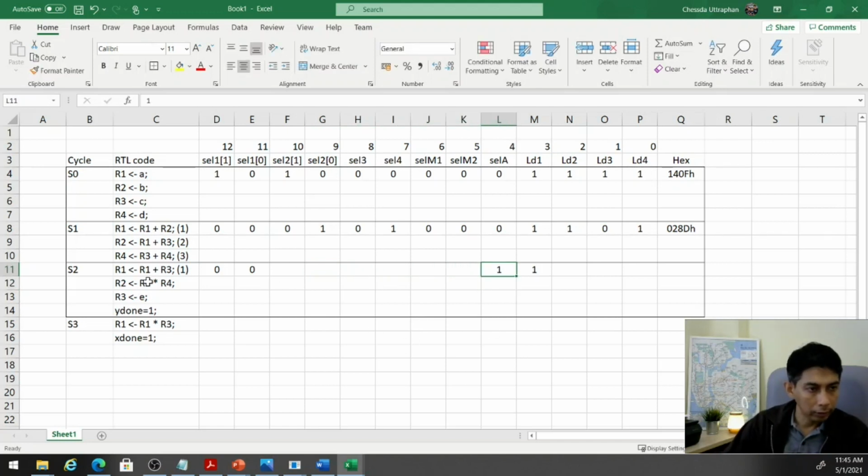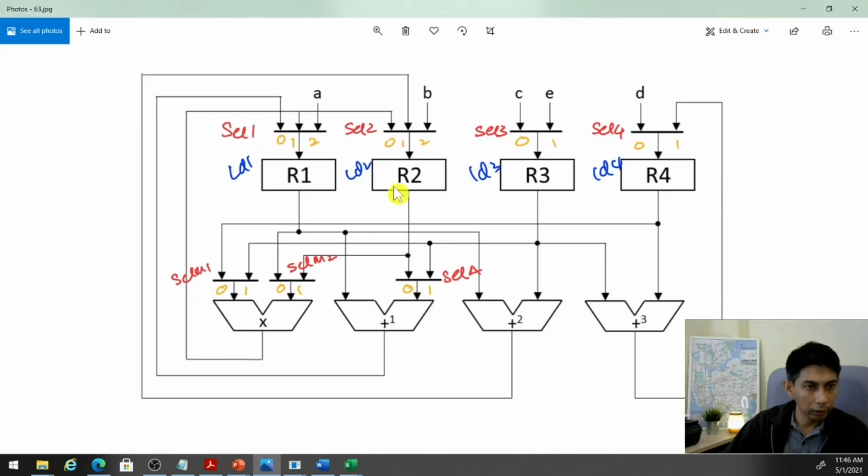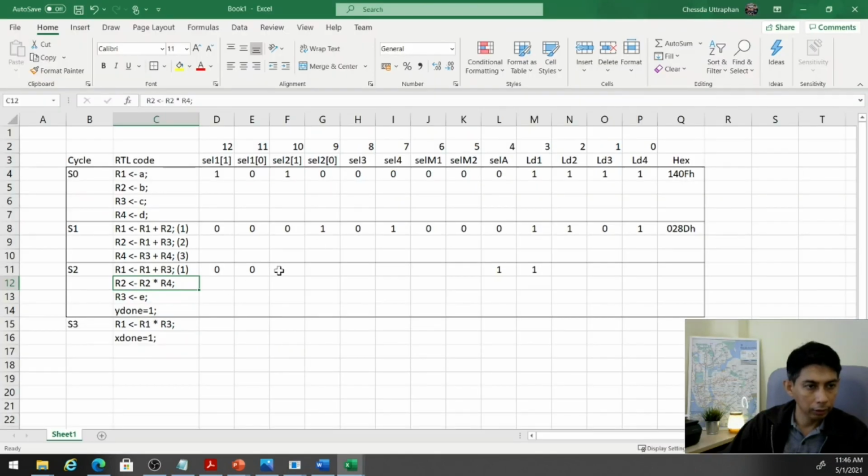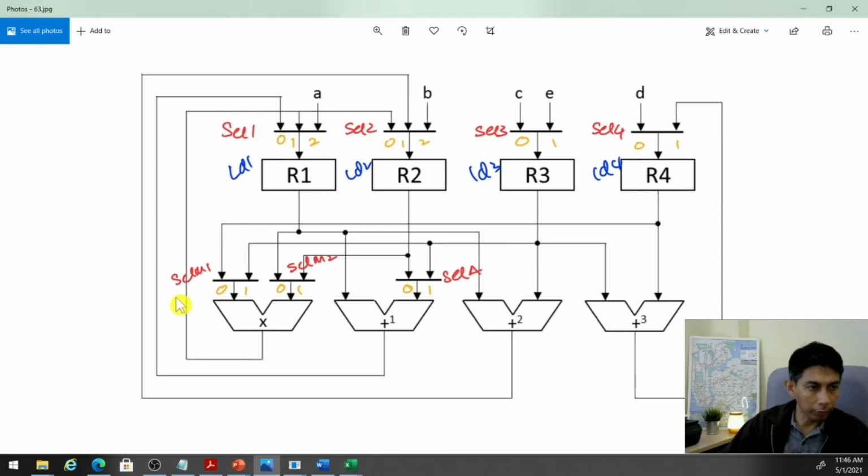SELA must be 1 here, right? That's it. For R2, the second operation, R2 is from the multiplier, so where is the line? So it should be 0 0 from the multiplier. So the select is 0 0, but the operation here is R2 multiplied by R4. So this is the trick.